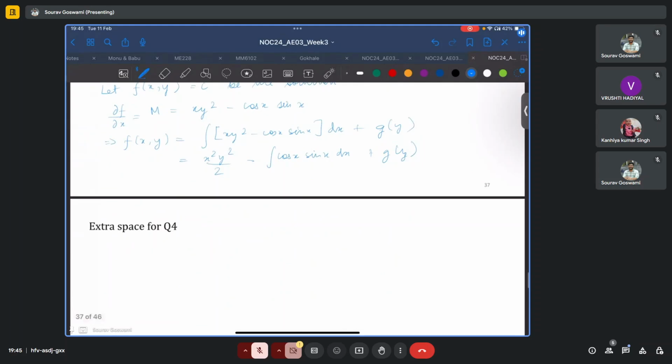Okay, so let u equals sin x, in which case du/dx shall equal cos x, or du shall equal cos x dx.